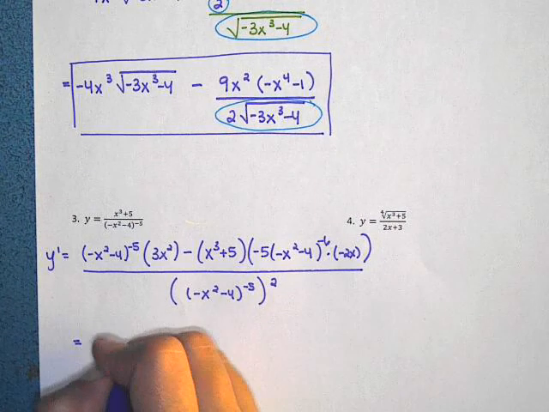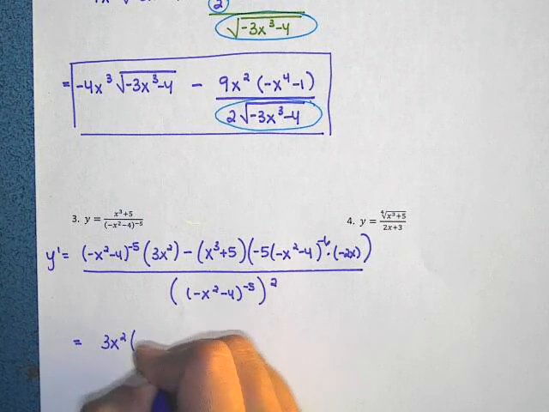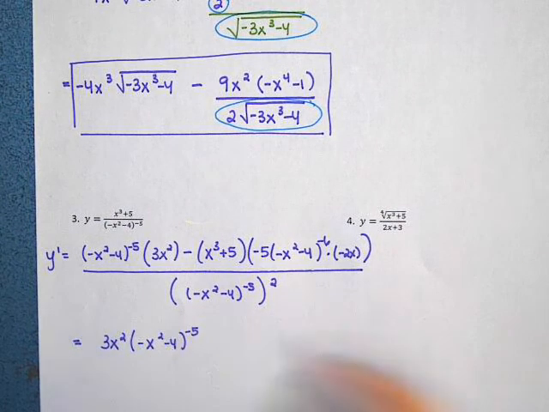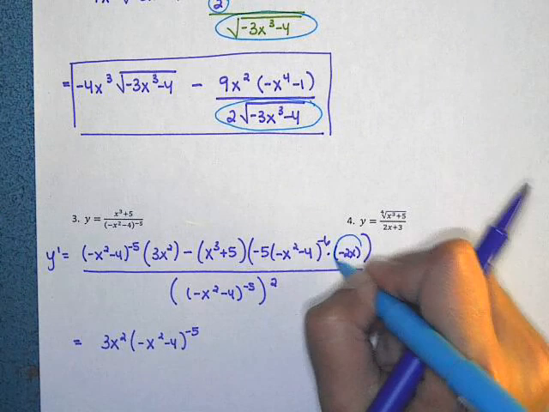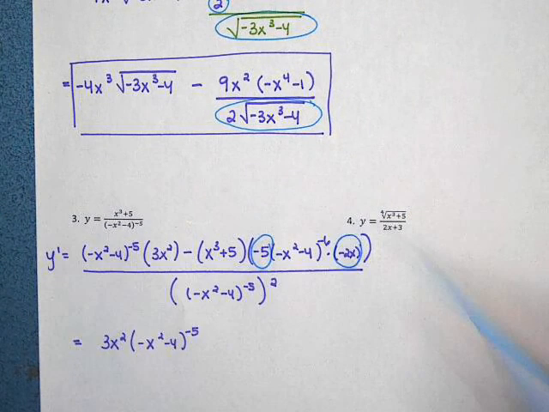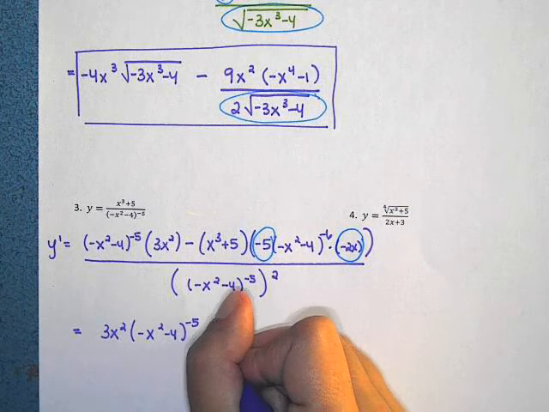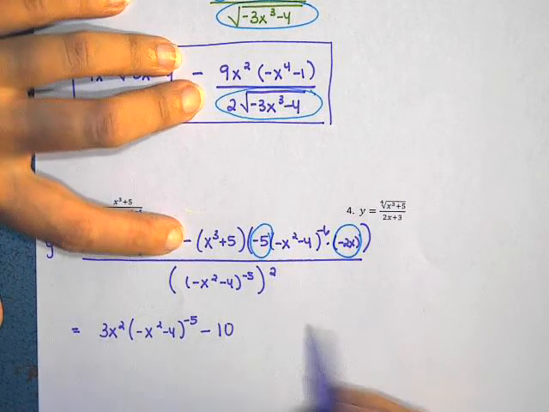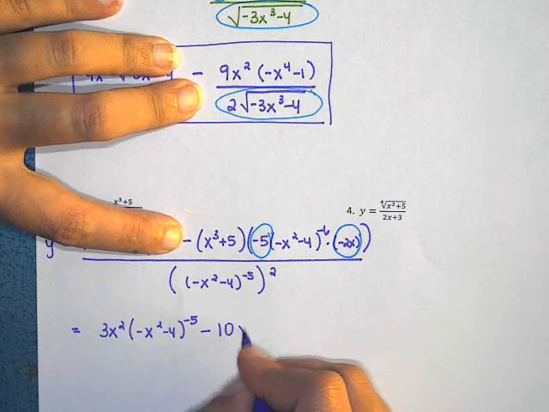I'm just going to move the 3x squared to the beginning. I'm also going to take this negative 2x and this negative 5 and move it to the beginning. So negative times negative makes it a positive, which means when I've got a minus, a positive, it's just minus.